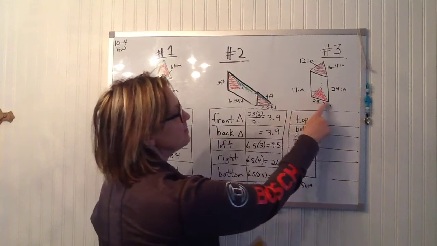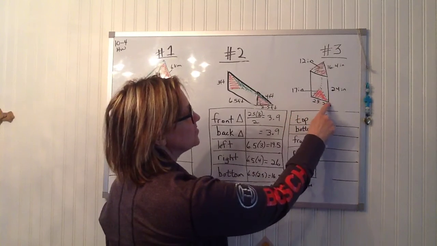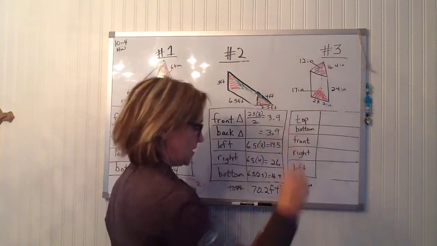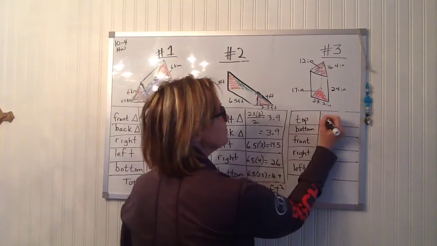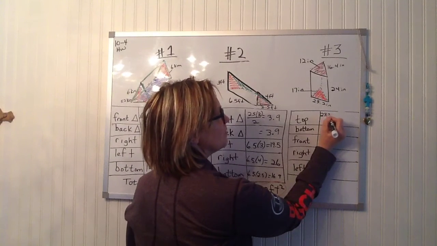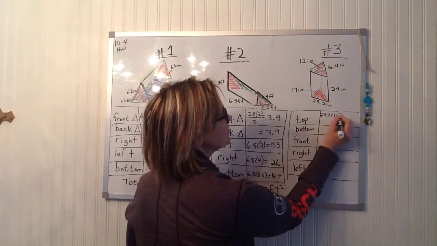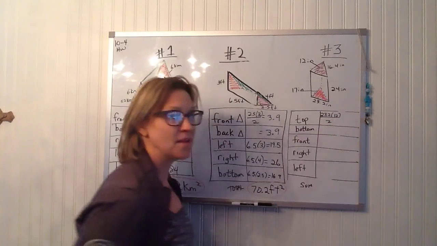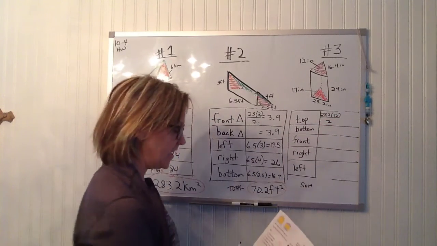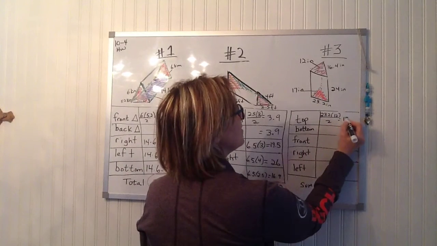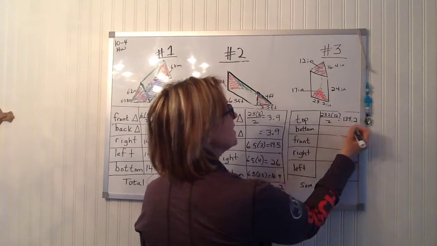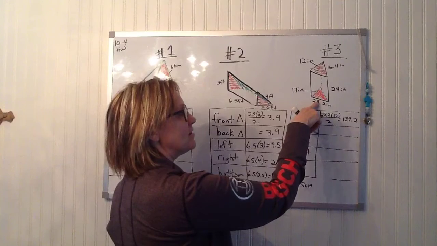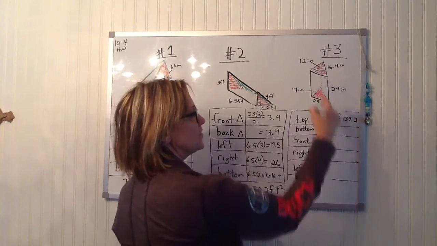I can see the base is 23.2, the height is given to me up here. So the formula is base times height, 23.2 times 12 divided by 2. And when I calculate that, I get 139.2. So that's the bottom triangle or the top, either one, they're both the same.